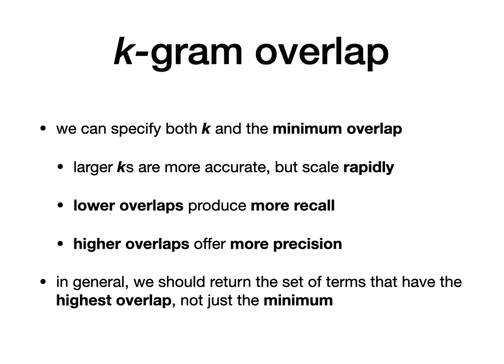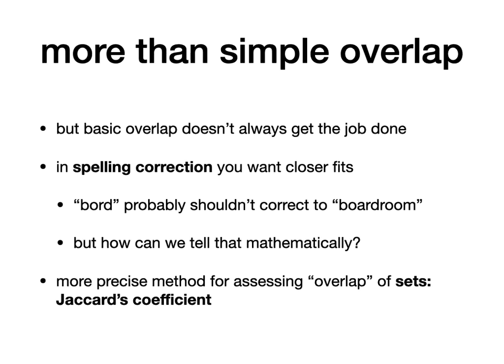But the issue is that if we're just doing all this based on simple overlap, it doesn't really get us all the way there. So think about what we had before. Board is probably not going to want to be connected to boardroom. Boardroom is so much longer.